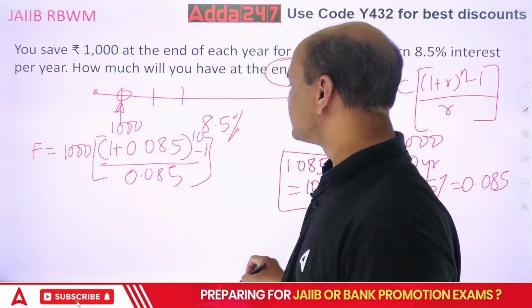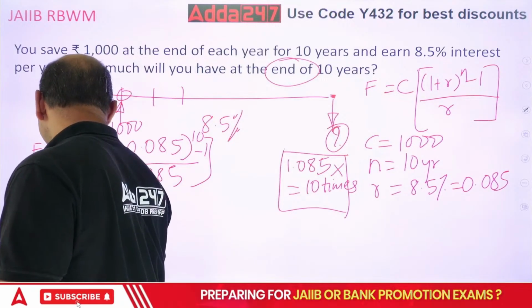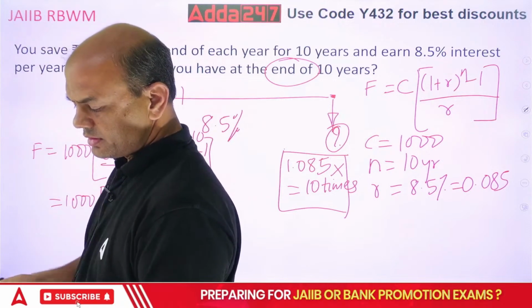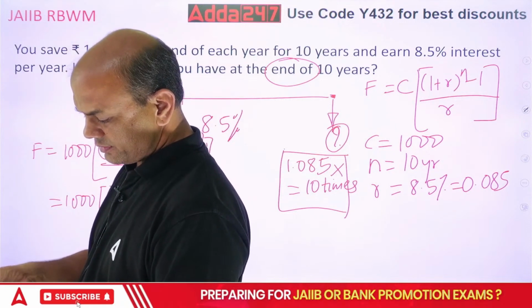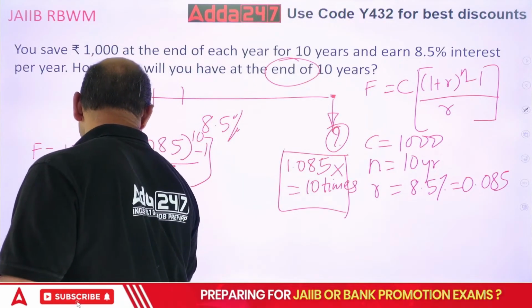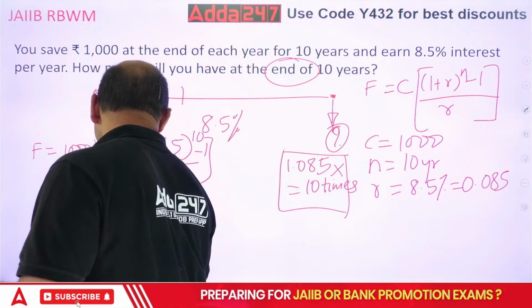So get the answer. It is 1000 into, what is it? 2.26 minus 1 upon 0.085.